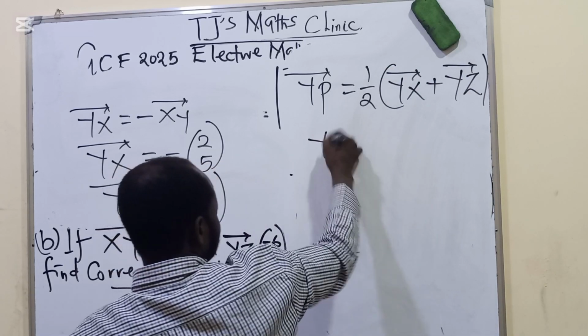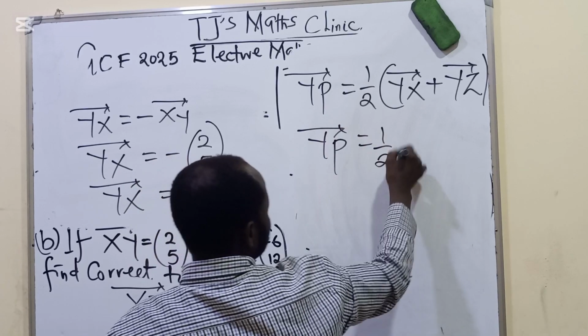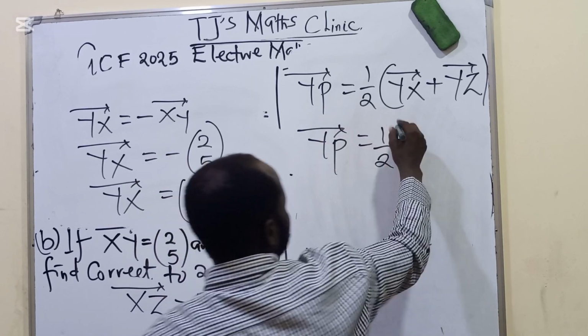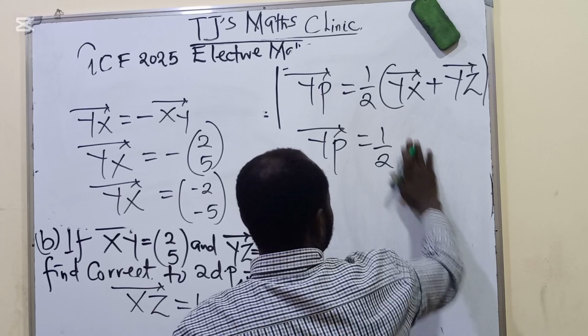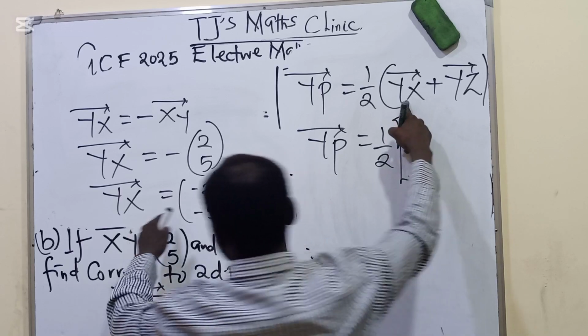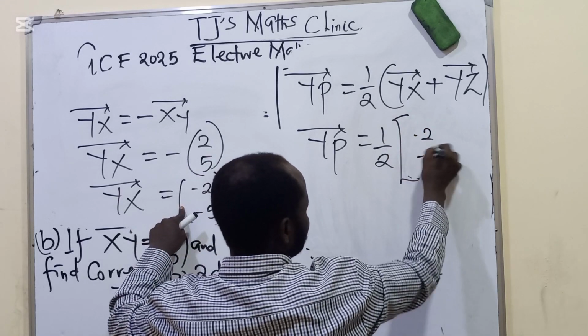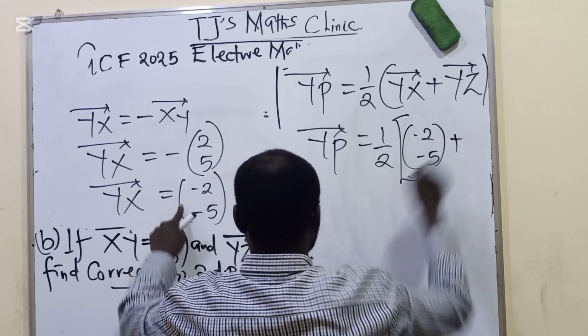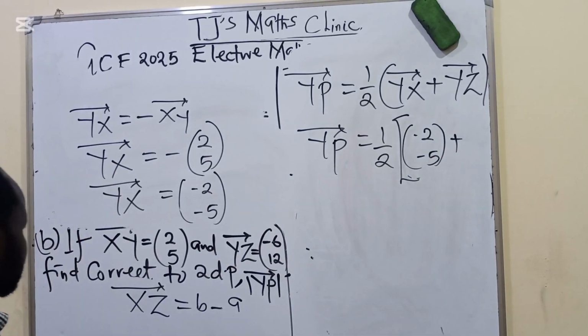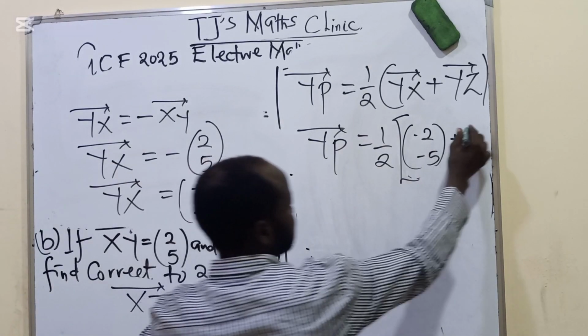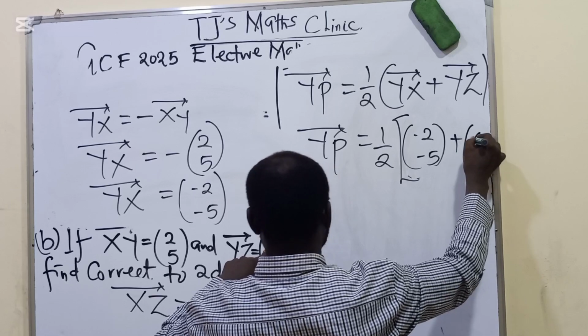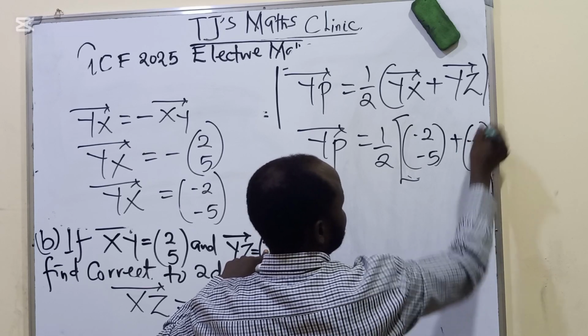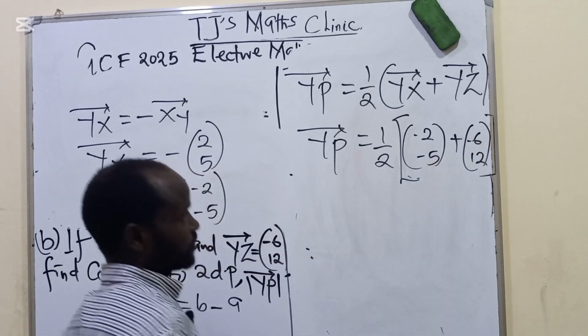So YP now will be half of, let me use square brackets, our YX is (-2, -5) plus YZ. YZ is giving us (-6, 12).